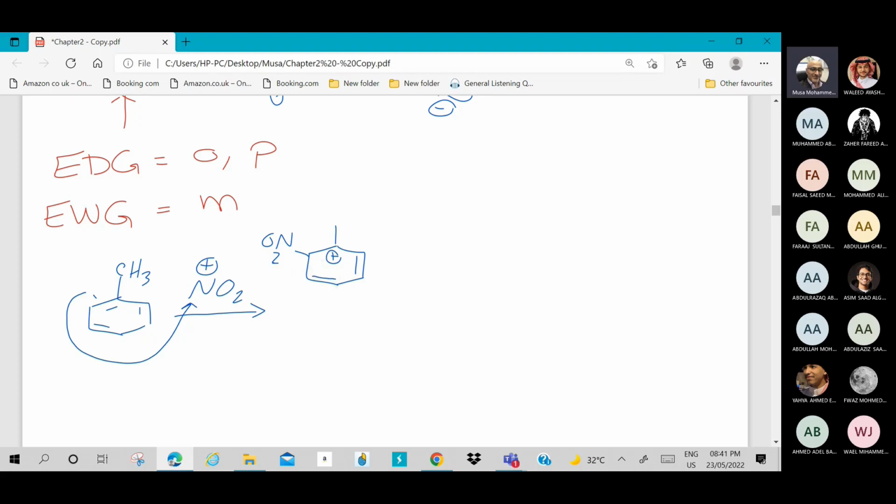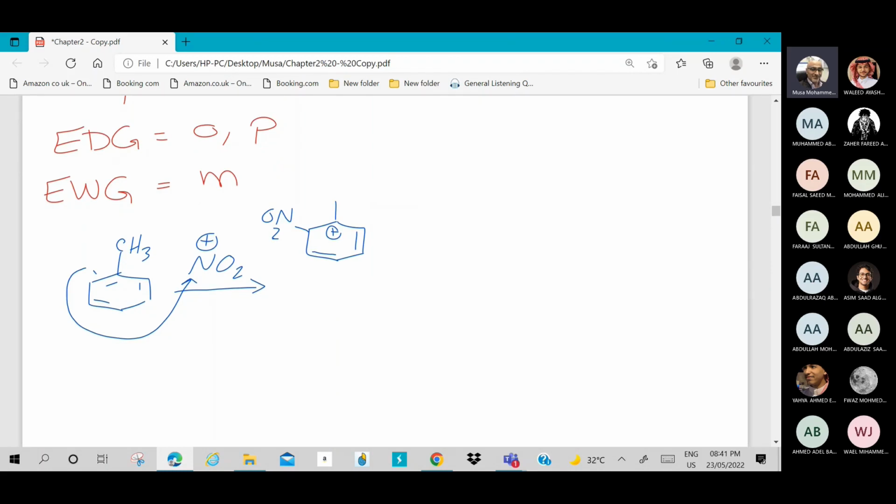Now, if you draw the resonance forms, you can continue, you draw all the resonance forms, but now this resonance form will be more stable than the other resonance forms that will come from the meta. Because if you go meta, then this double bond, second one, is the one that will attack. And here we have nitro, and we have positive charge here.